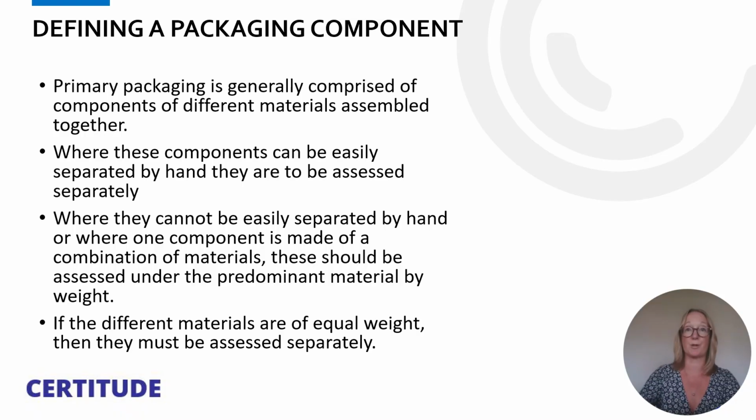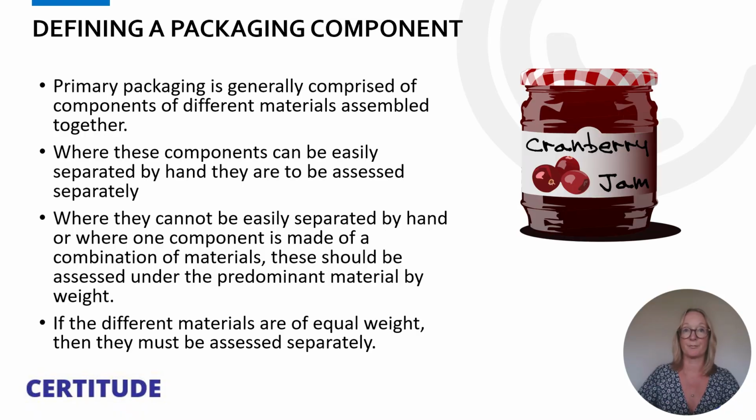So if we go back to our jar of jam example, the primary packaging in this example is 3 different components: the glass jar, the aluminium lid, and the paper label. The lid and the jar can be easily separated by hand, therefore they are to be assessed separately with an individual RAG status for each, the jar following the glass rules and the lid following the aluminium rules.